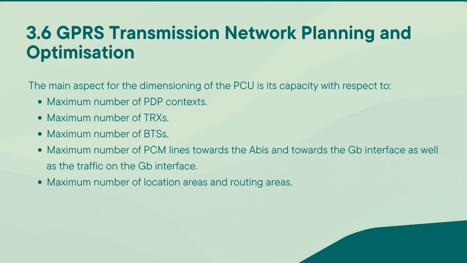Like I mentioned, RTX stands for transceiver. And the minimum number of PTS, the minimum number of PCM lines toward the RBS and toward the gigabit interface, as well as the traffic on the gigabit interface, and the minimum number of the location areas, the routing areas.